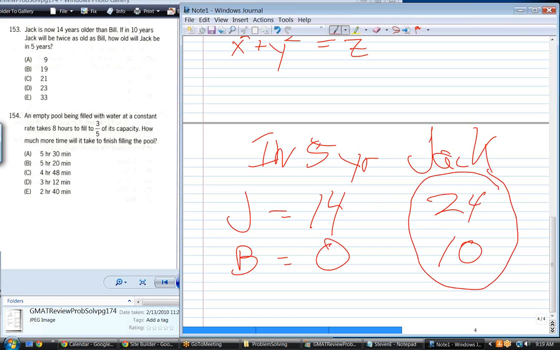I was going to say that was wrong just because Bill was 0, but that doesn't necessarily have to be wrong. He could be 0. But okay, so we know that 19 isn't correct.